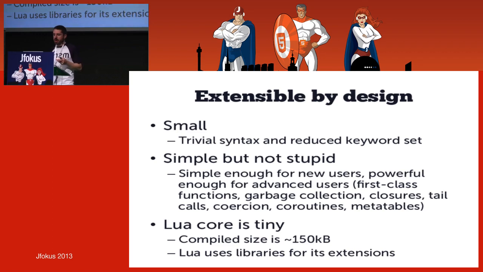You have tail call optimization, you have very advanced ways to manipulate tables, to override the way you manipulate tables. If you want to build, for example, your own domain-specific language, you can tweak the way tables are manipulated for specific objects and have your own DSL.